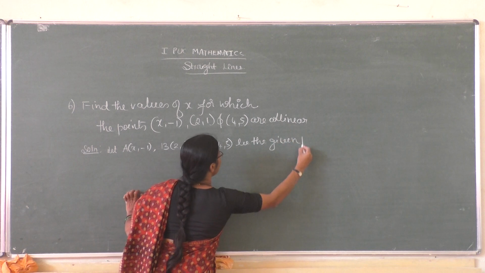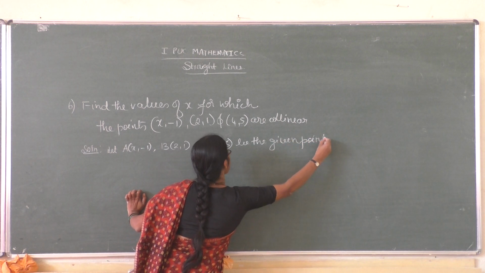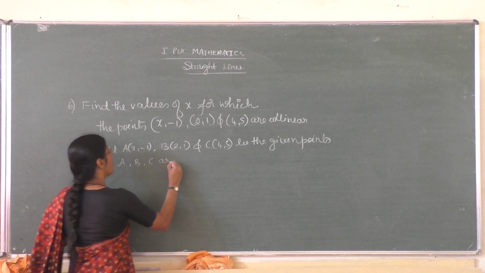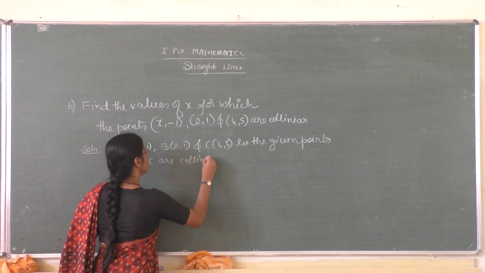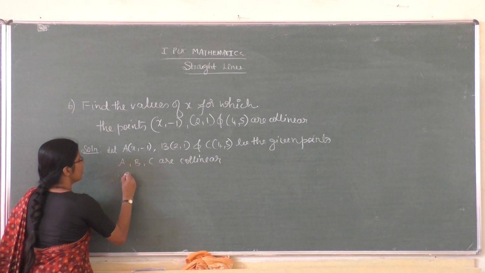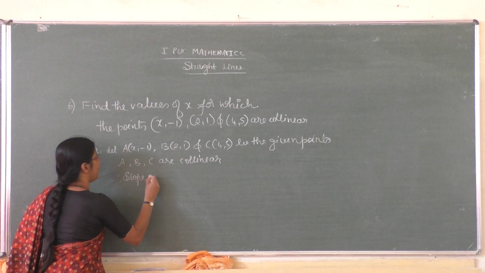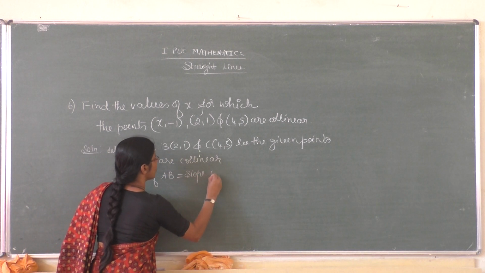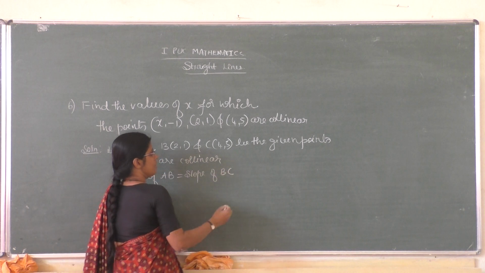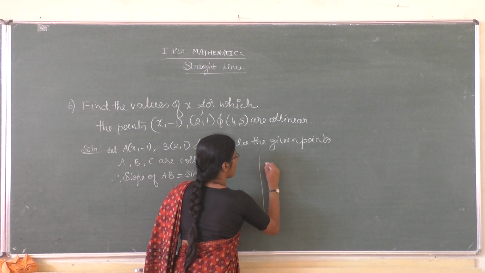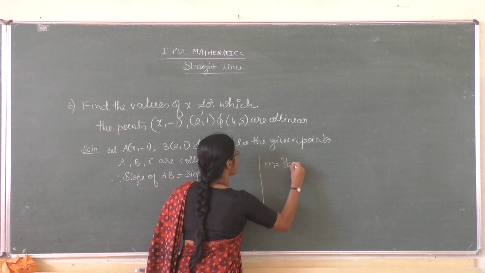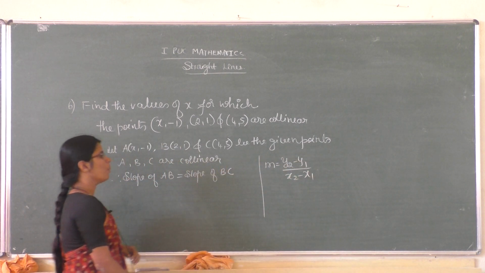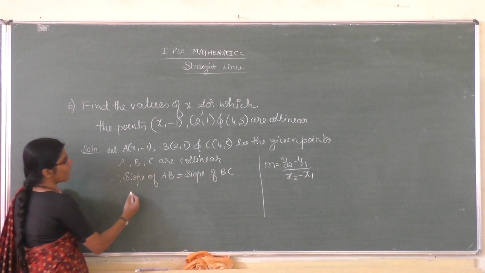Then A, B, C are collinear, therefore slope of AB is equal to slope of BC. So the formula: slope m equals y2 minus y1 divided by x2 minus x1.